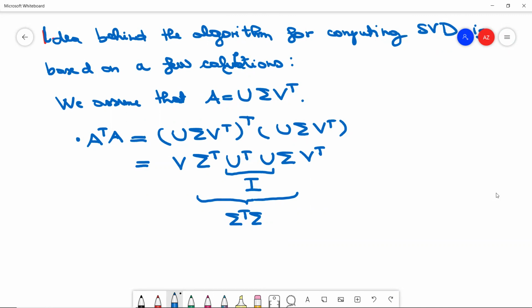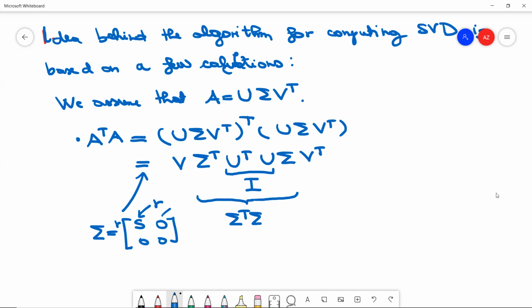So let's write here, we will use that sigma is some diagonal matrix S, 0, 0, 0. So this S is of rank R. So it's R times R, and it's of full rank. And those zeros are zero matrices of appropriate dimension.